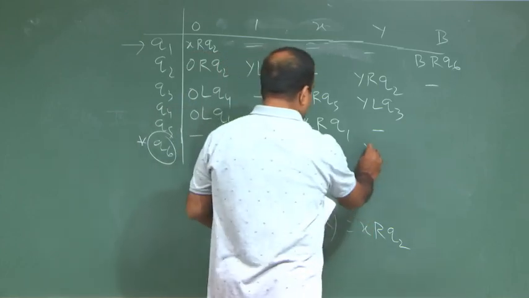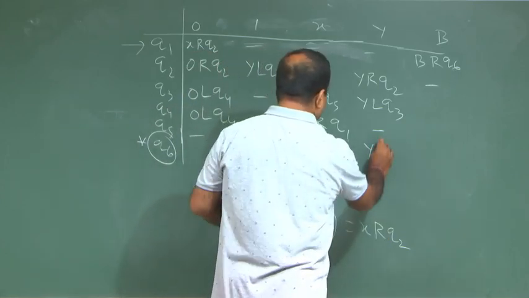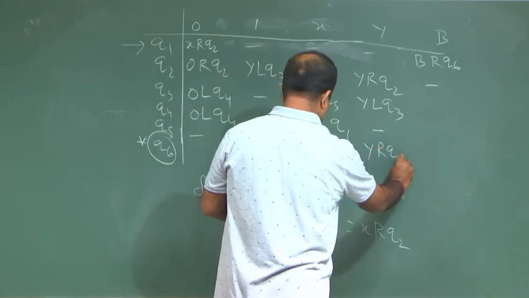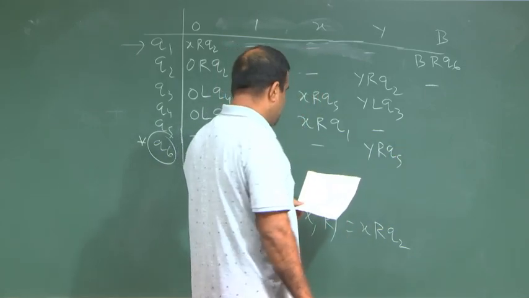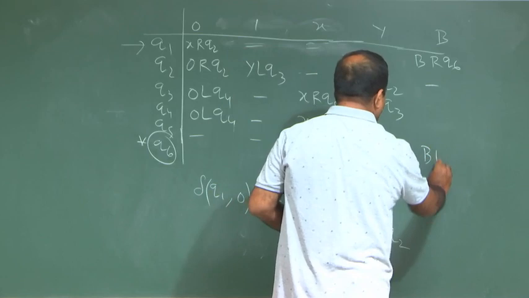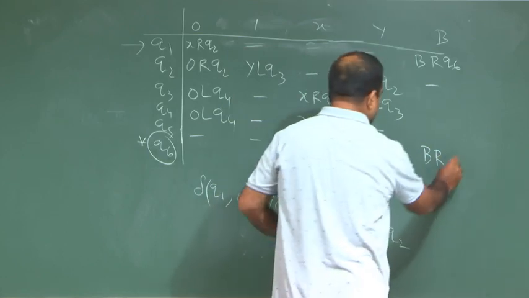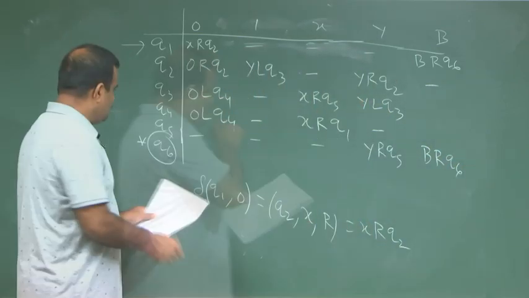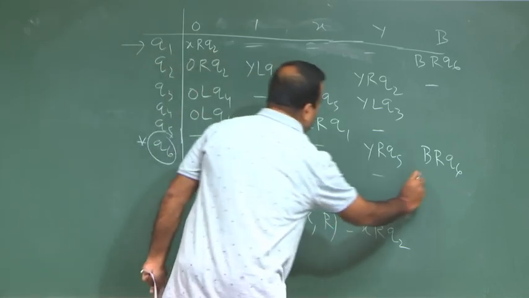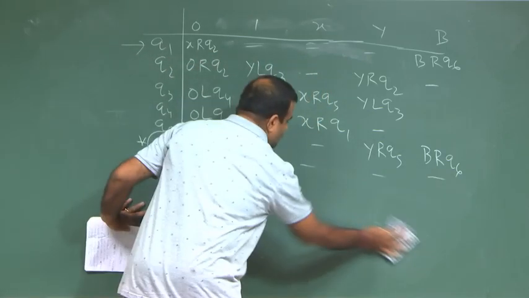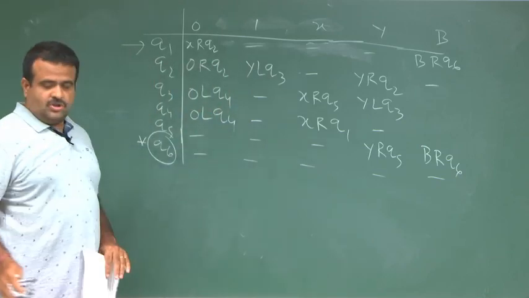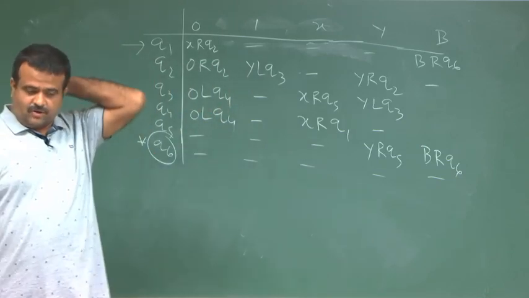So, we have y r q5, and with blank we have blank r q6, and we have no move for the rest. So, this is the set of transition rules given. This is an example of a Turing machine.